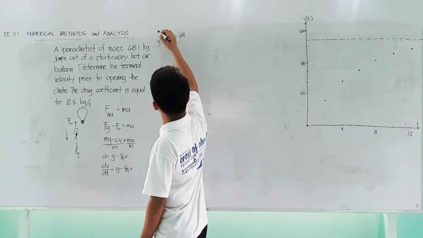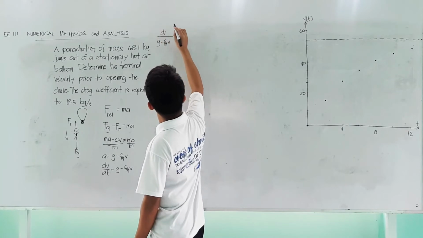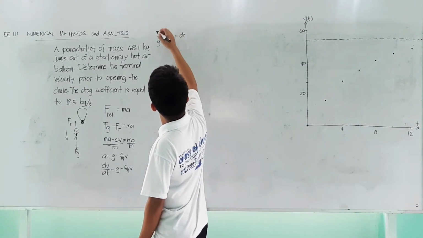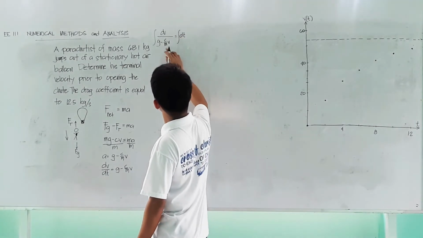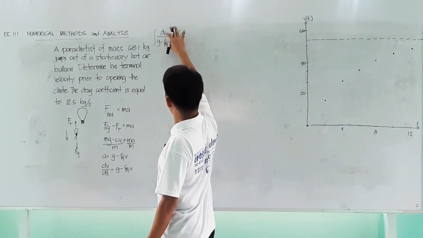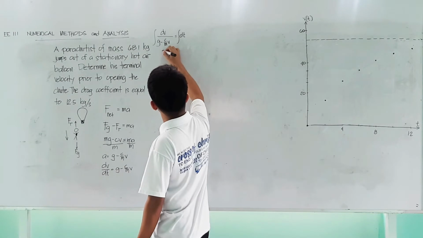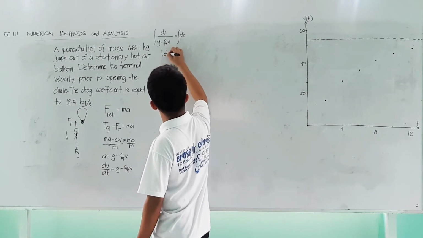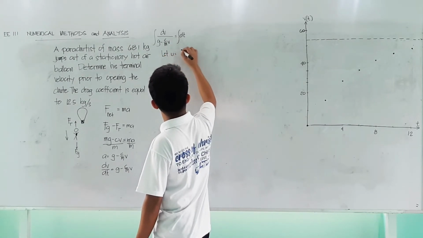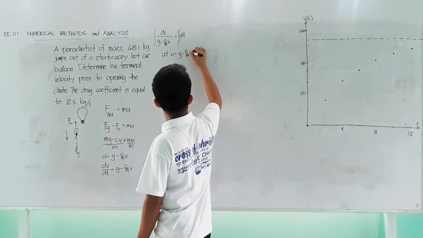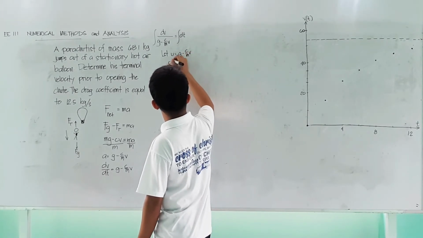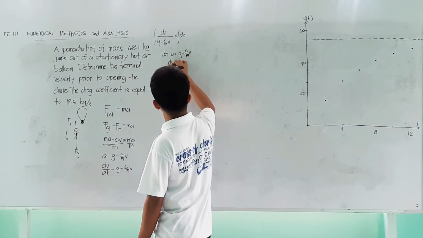Then let's integrate. Now, for the left side, we let u be equal to g minus c over m v. Let's take the derivative of u with respect to v.